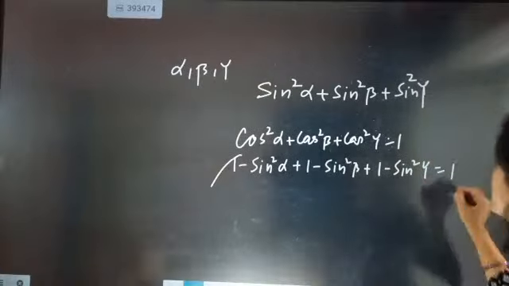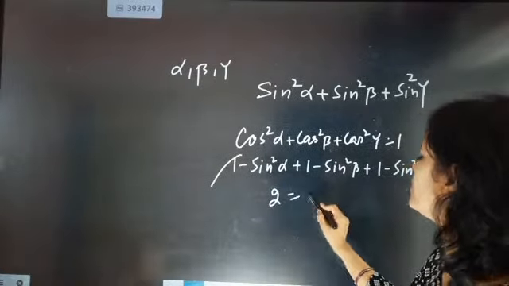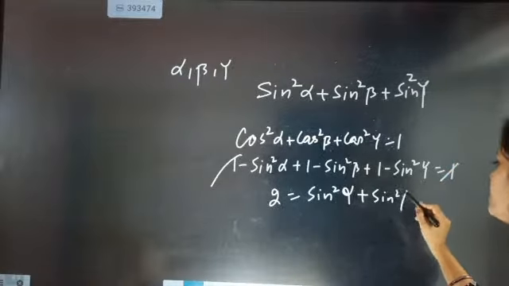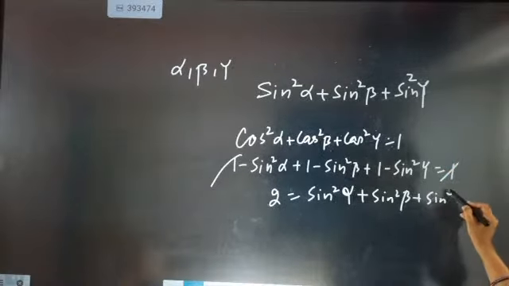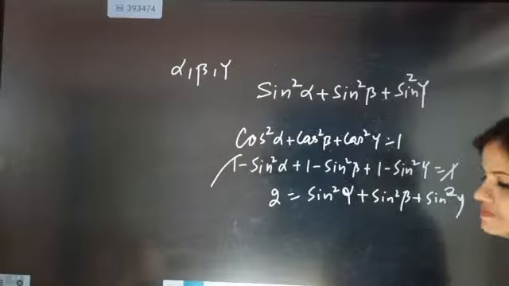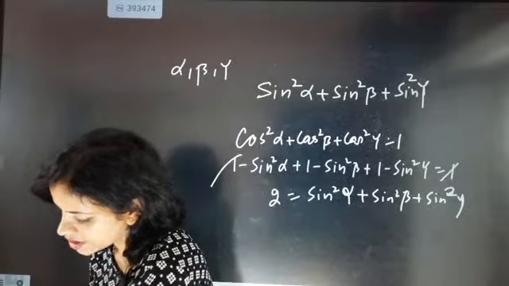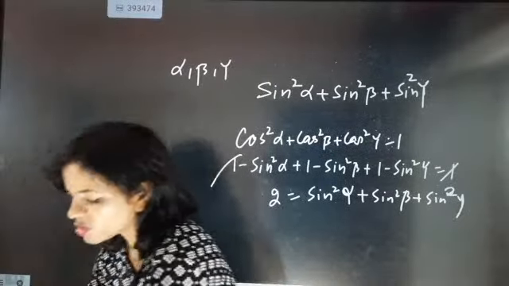So this and this will go. It will be coming as 2 equal to sine square alpha plus sine square beta plus sine square gamma. Yes Mesh, answer is absolutely correct. 2 will be coming.